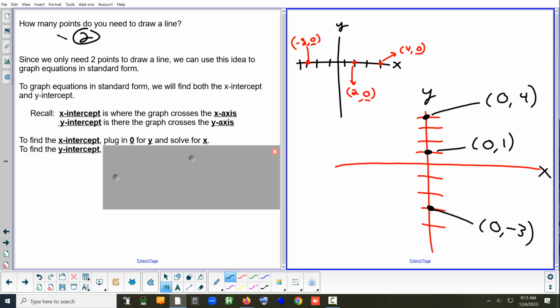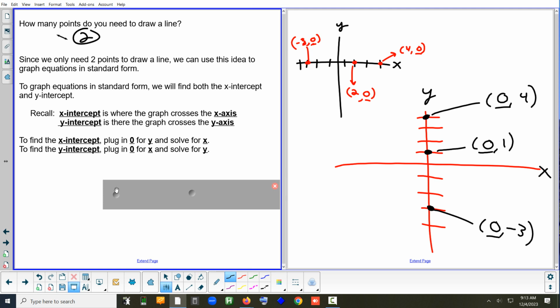Those are all y-intercepts because they're on the y-axis. What do you notice about all the y-intercepts? All the x's are 0. That's how you find a y-intercept. You have to let x be 0, because that's what a y-intercept is.